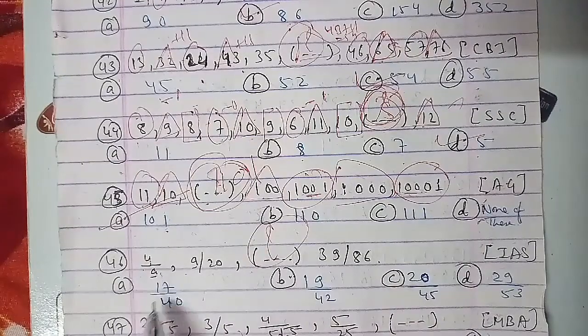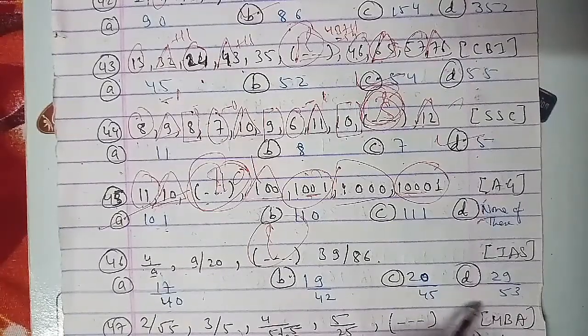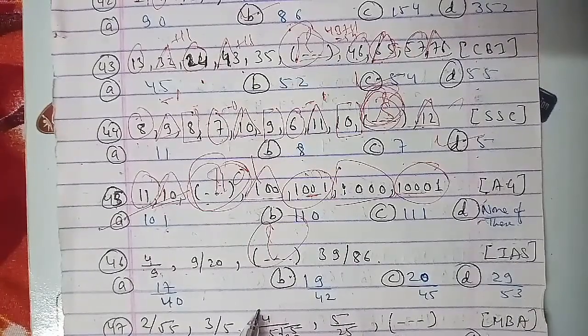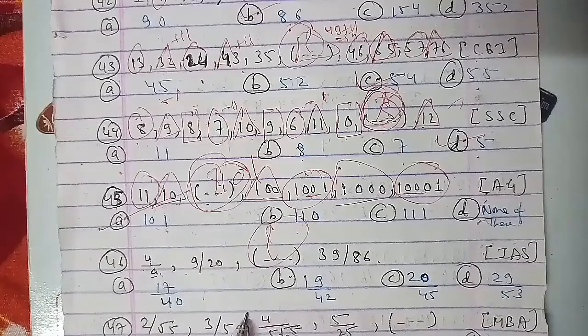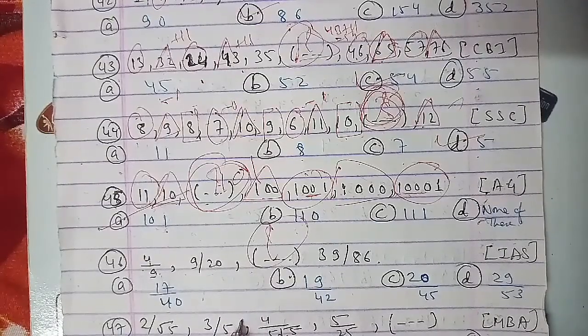The options are A, 17 upon 40, B, 19 upon 42, C, 20 upon 45, and D, 29 upon 53. You have to tell me what the answer will be. If you're not able to, then I will be there for you, but if you can, try to do it as easily as possible.